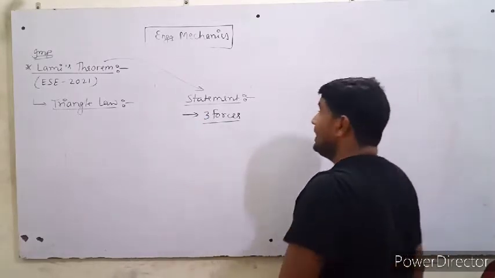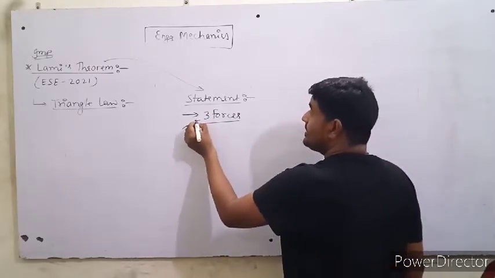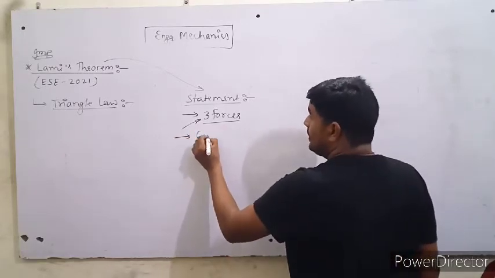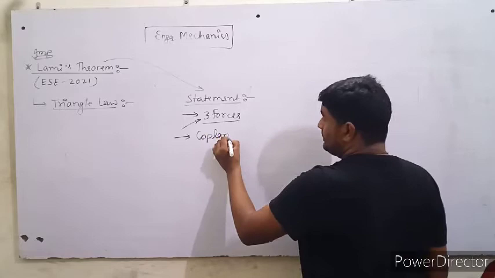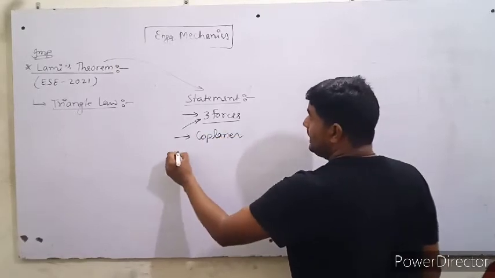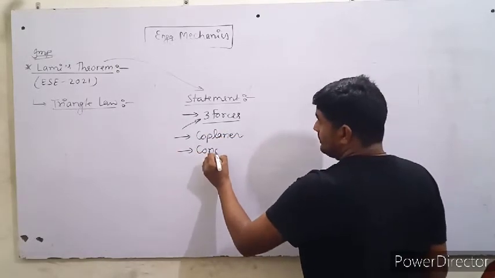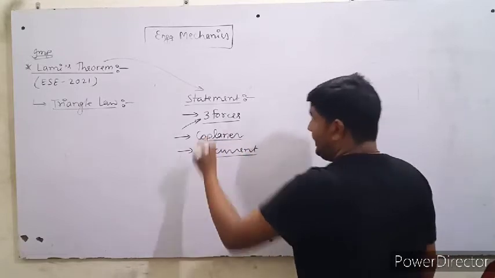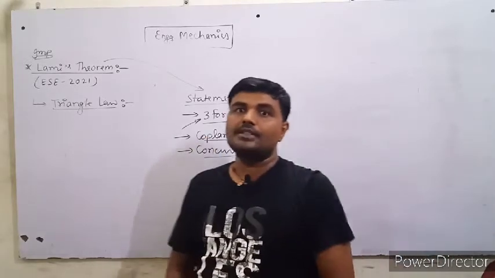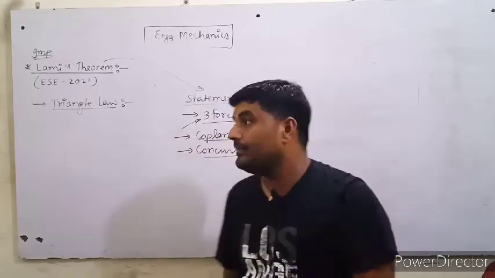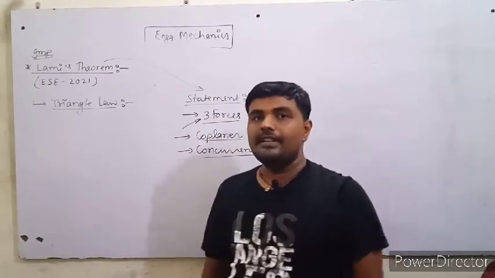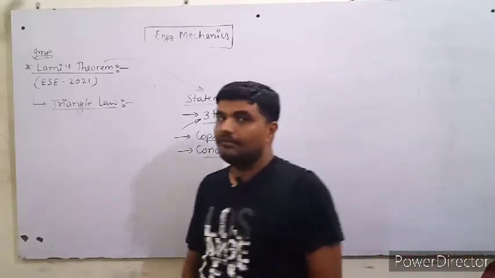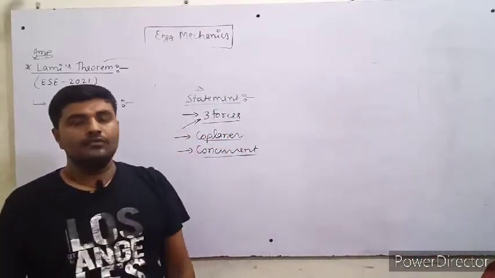Listen carefully, these are the key words. If 3 coplanar concurrent forces are in equilibrium, then each force will be directly proportional to the sine of the angle between the 2 other forces.